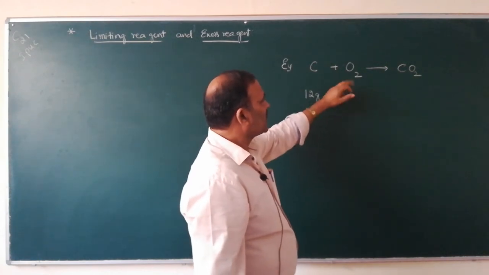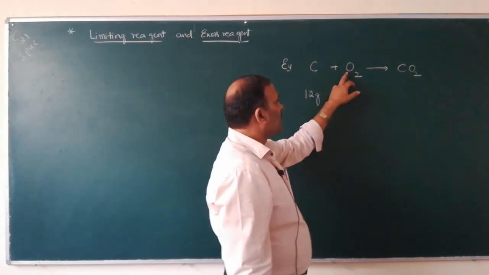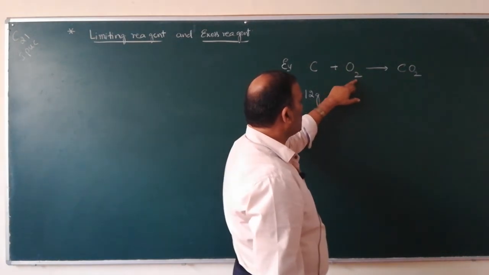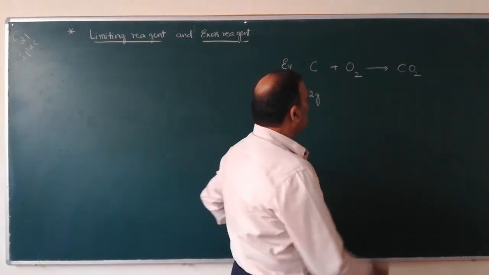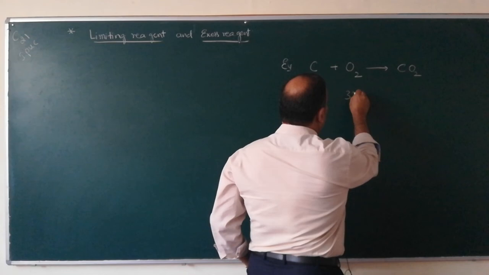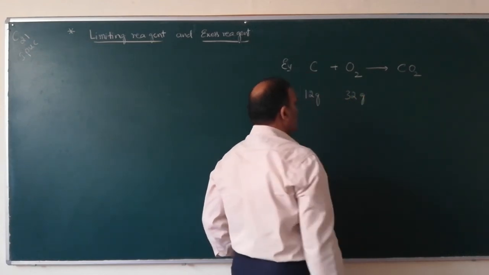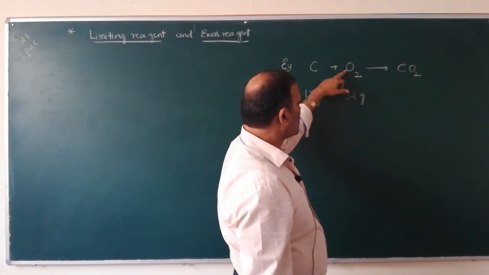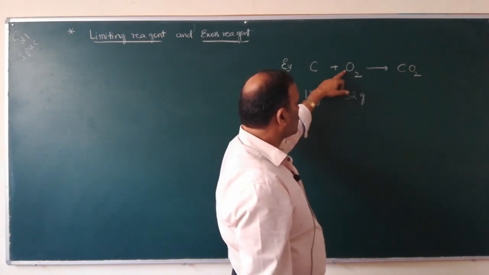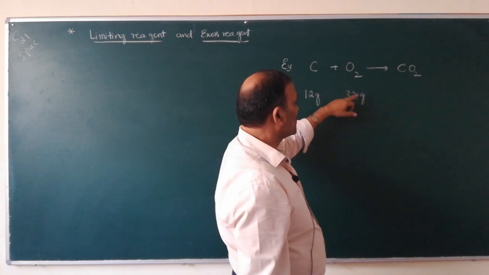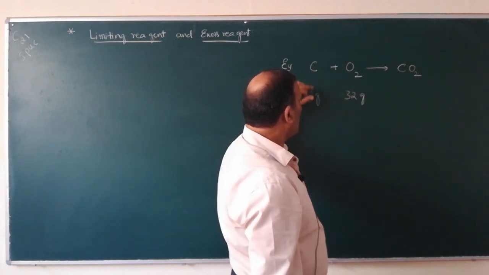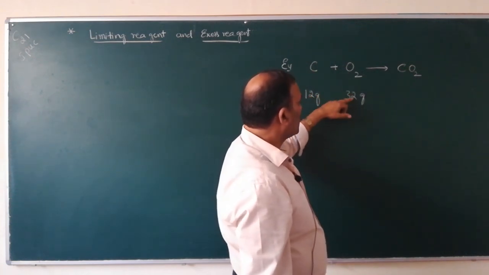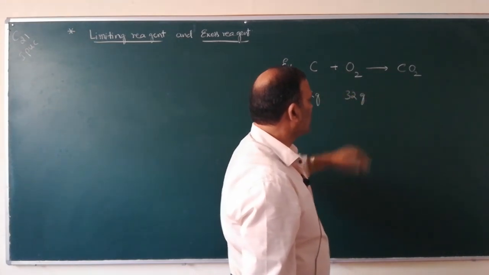The atomic mass of oxygen is 16 into 2, that is 32. So 32 gram is called 1 gram molecular mass of oxygen, or 1 mole of oxygen molecules. 1 mole of carbon atoms, 1 mole of oxygen molecules.